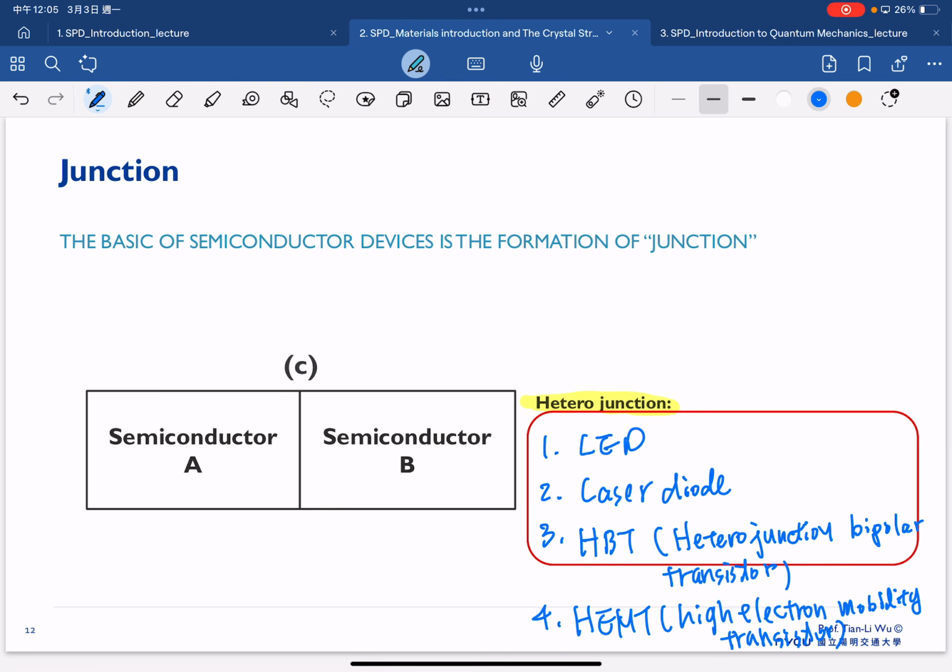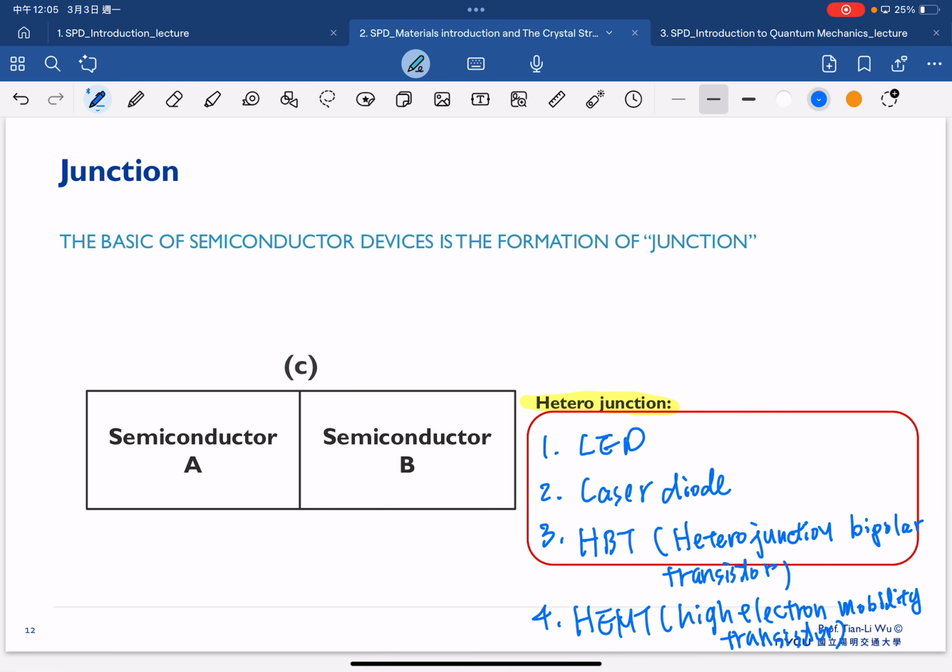And here, we won't talk too much about all these, just want to show you what the device looks like if we put semiconductor A and semiconductor B together.